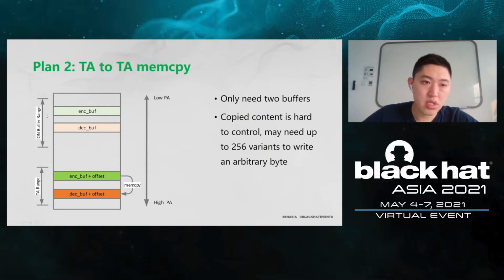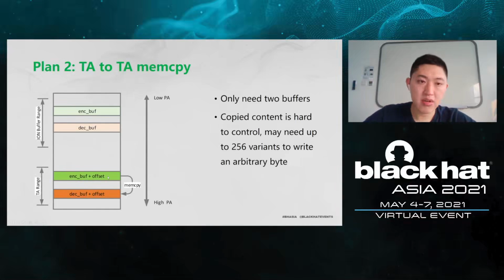Then to reduce the usage of huge buffer, we come up with this. We just need a very small range of buffer, and we let the encrypt buffer and decrypt buffer here, and the memory copy will happen from the TA to the TA.